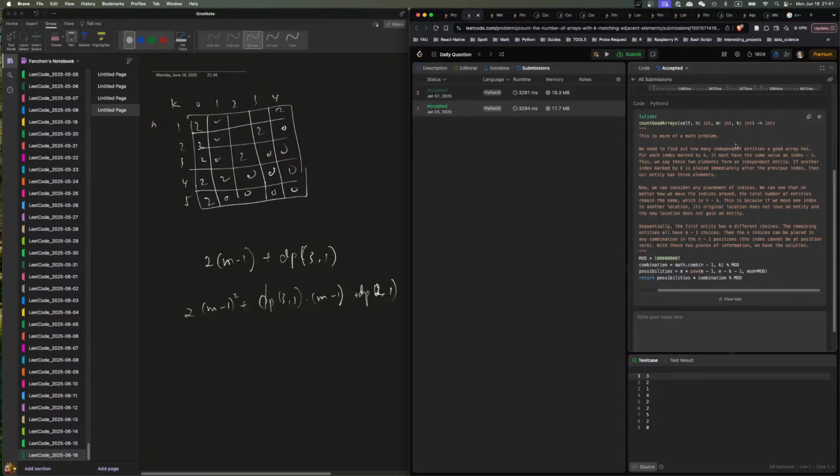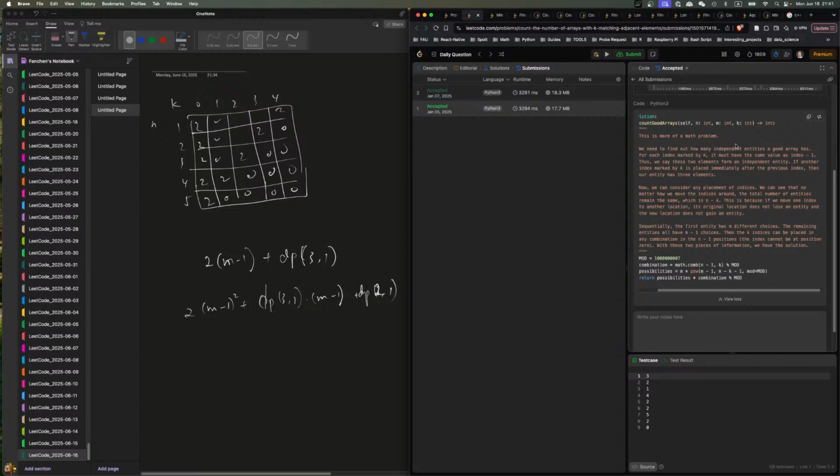How many independent entities does a good array have? For each index marked by k, it must have the same value as index minus 1. Thus, we say these two elements form an independent entity. Okay, that's an independent entity. If another index marked by k is placed immediately after the previous index, then our entity has three elements.